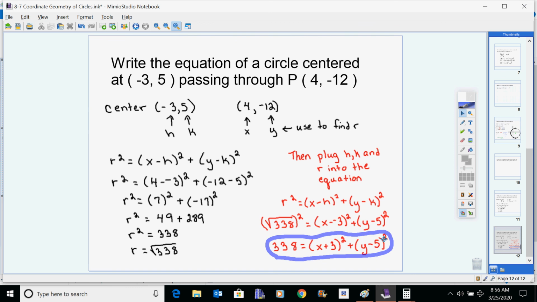This is something that you would need to use the formula for. You have your h, you have your k, and much like when you solved an equation for y equals mx plus b, you plug in your known values to find that value that's going to come through with you. Your final answer gives you the equation to use so you could find all of those points that would make a circle. All right, so that's it.